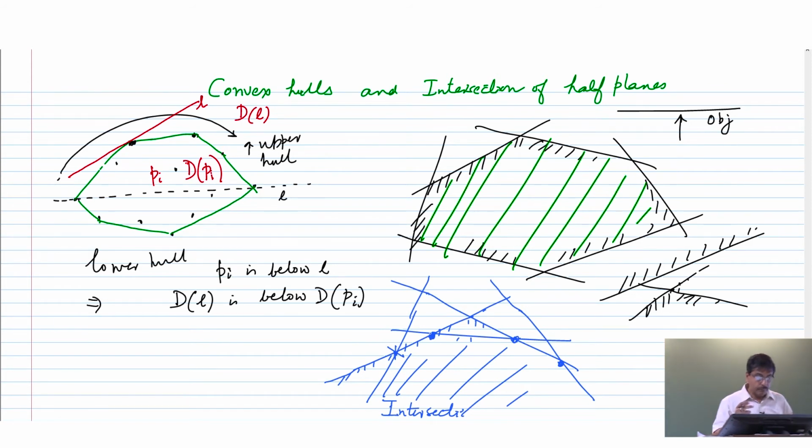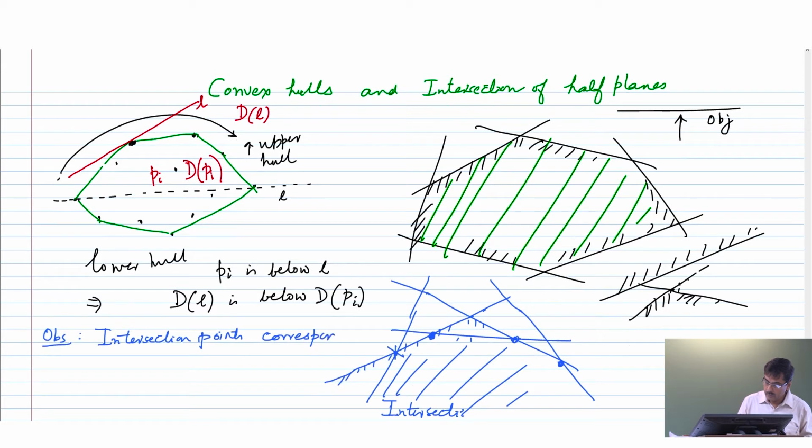So, one clear observation is that intersection points correspond to lines passing through, okay, so I need some notation.